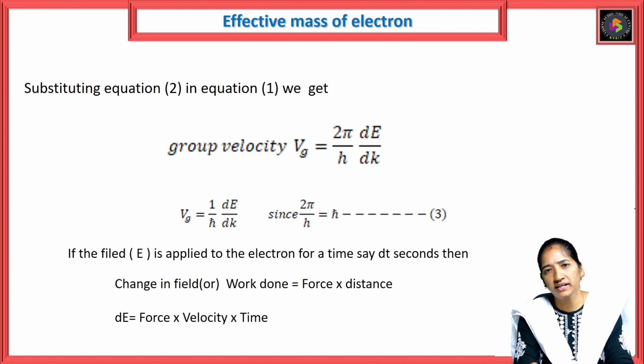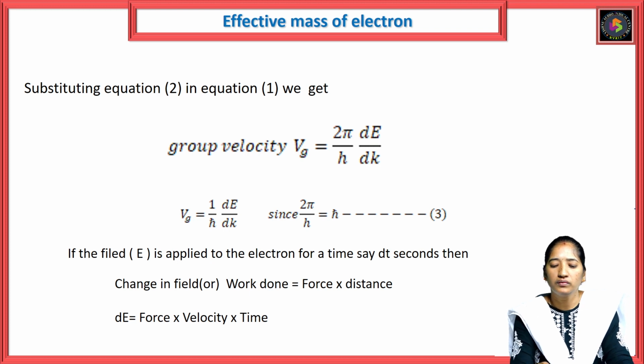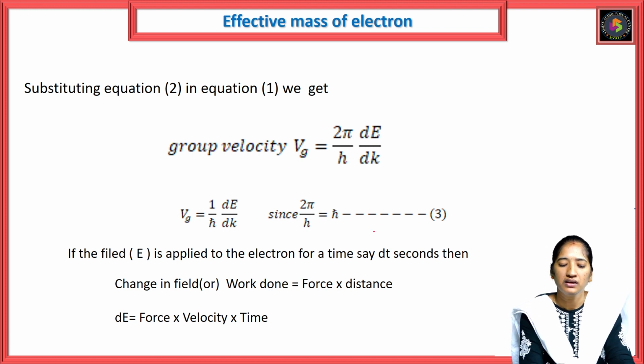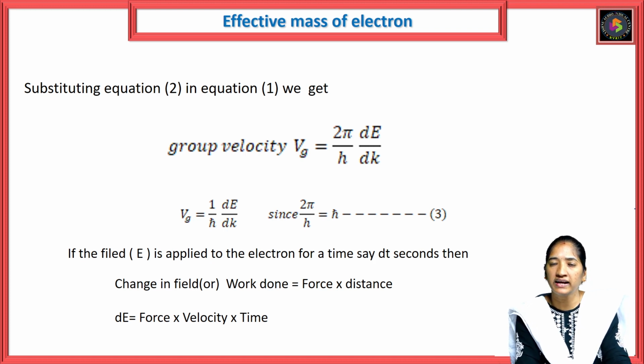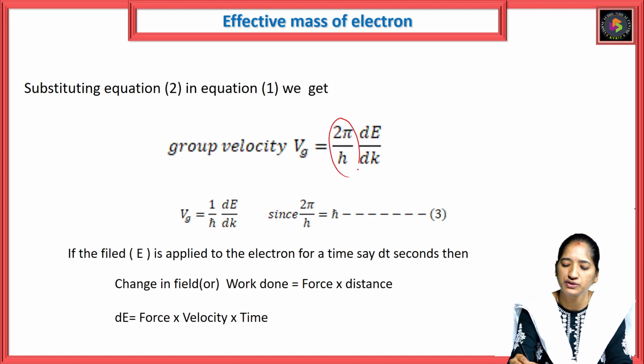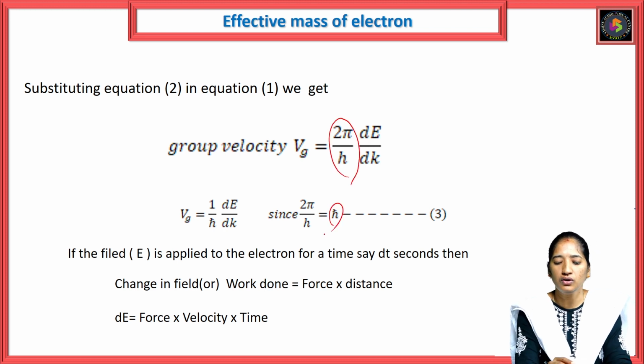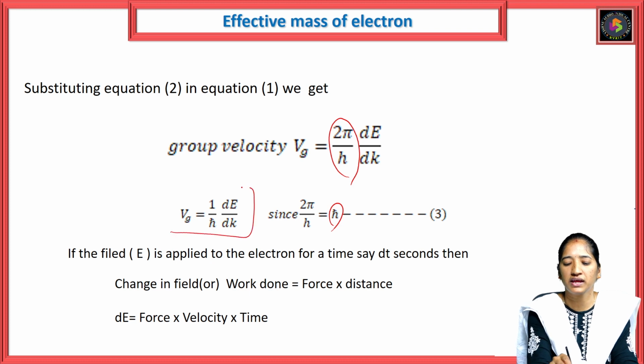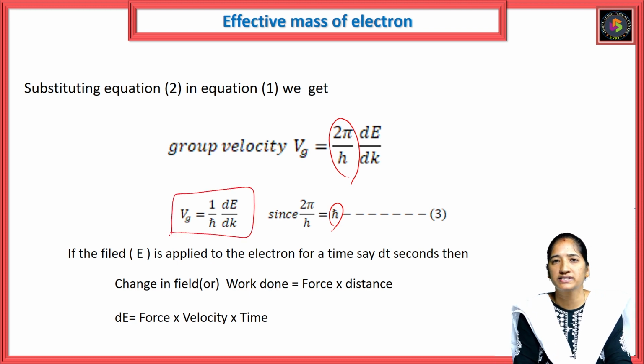The final group velocity equation is Vg equals 1 by h cross into dE by dk.